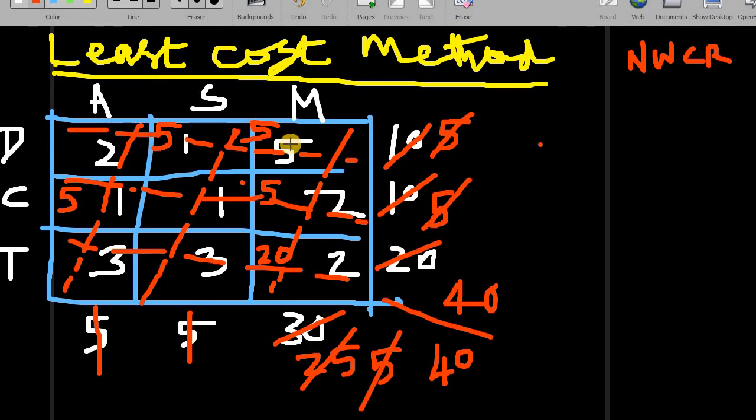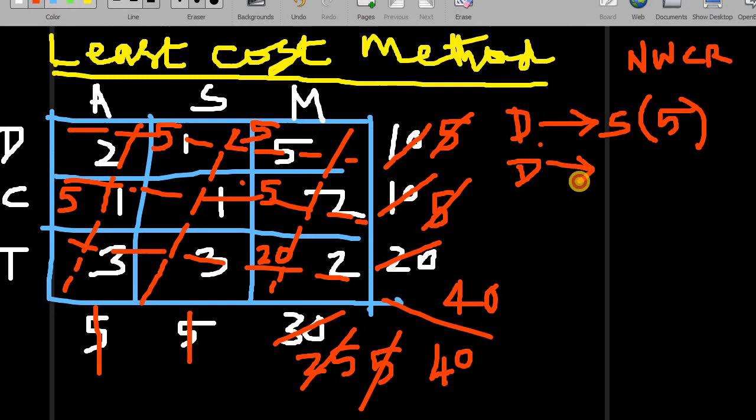Once you transport it like that, then we have to identify. From the first source to the second destination, 5 units should be transported. From the first resource to the last destination, I mean the nth destination, 5 items should be transported.